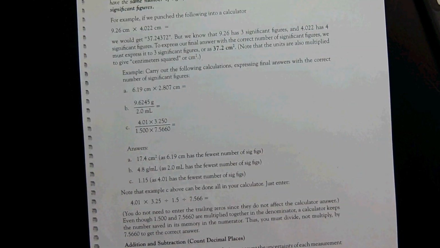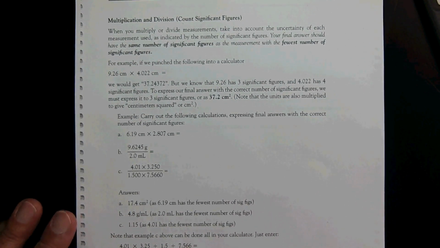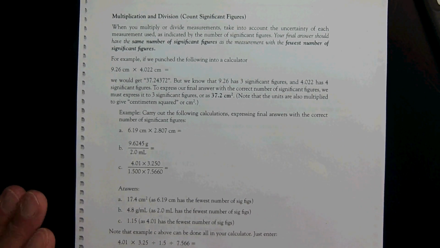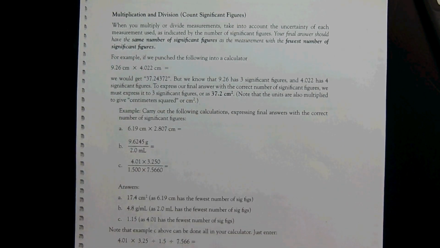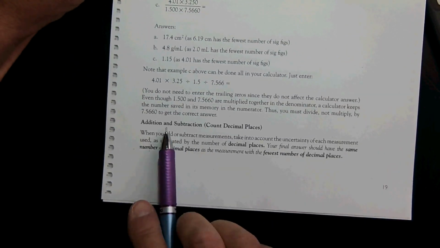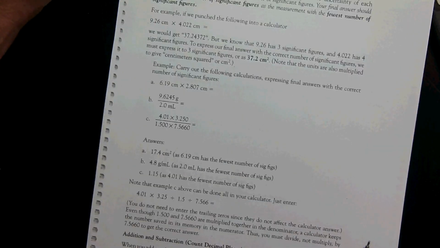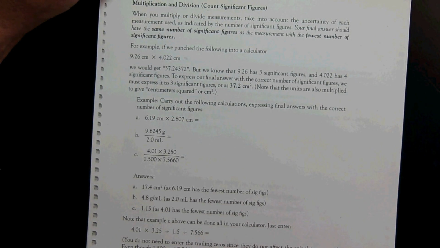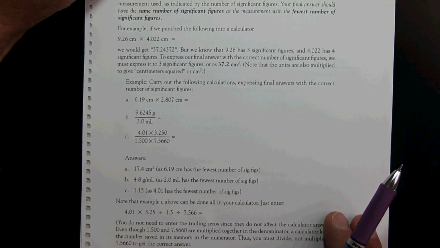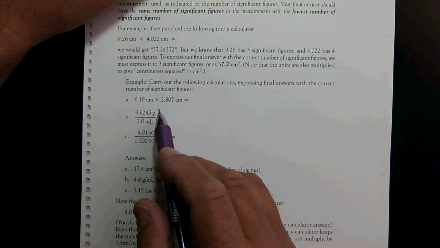Next topic here is when you're doing calculations. We have one set of rules for how to handle sig figs when you multiply and divide. Then we're going to have a slightly different rule for handling sig figs when you add and subtract. Multiplication and division is real easy. When you're multiplying and dividing, you look at each term and you count how many sig figs are in each term.